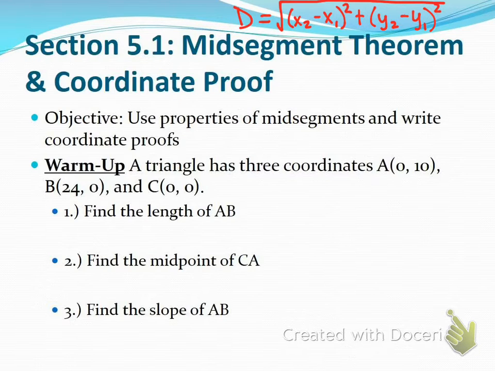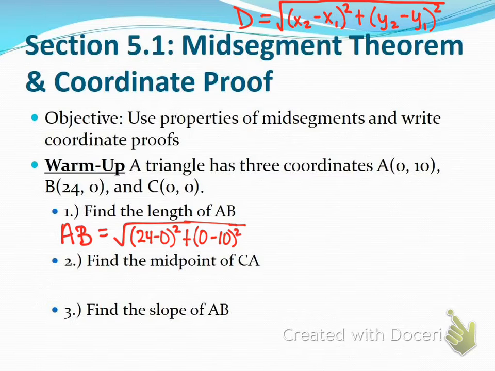So when we fill that in for the length of AB, big square root, what's going in for my x1? 24, sure. Minus squared plus 0 minus 10 squared.